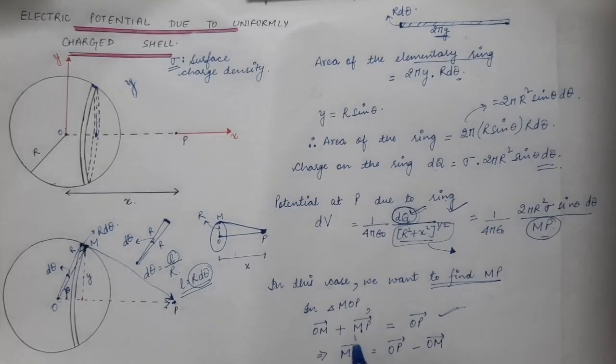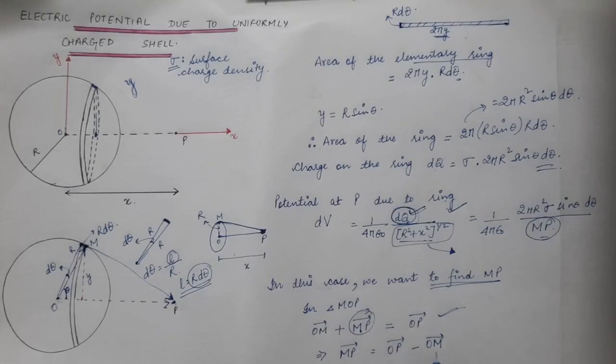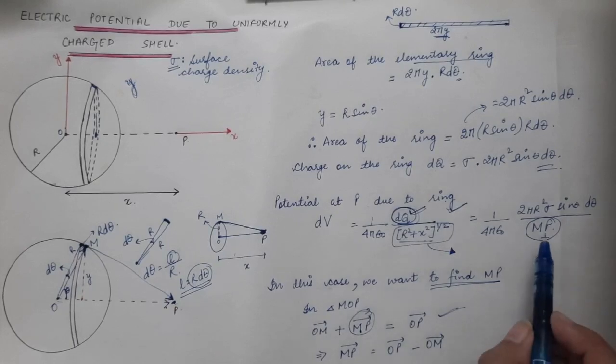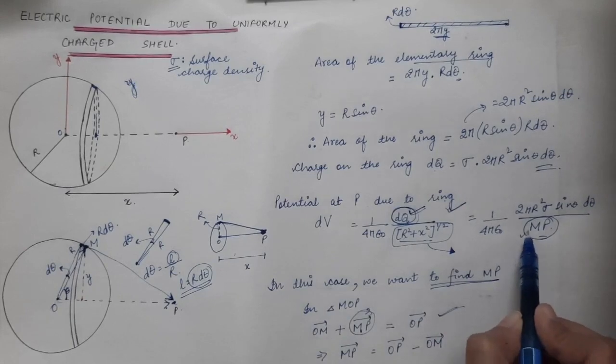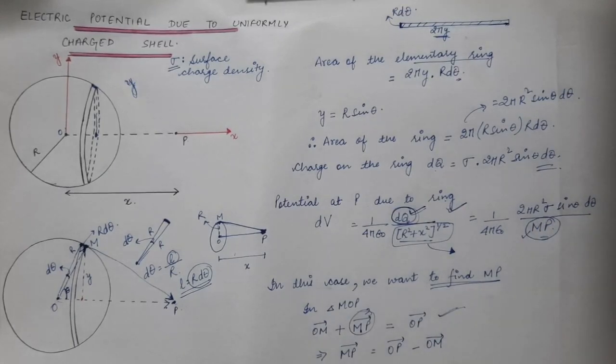So this is the equation that you will get in vector form. From here you can find the MP vector, which will be equal to OP vector minus OM vector. But in the expression of potential we need the magnitude of MP.